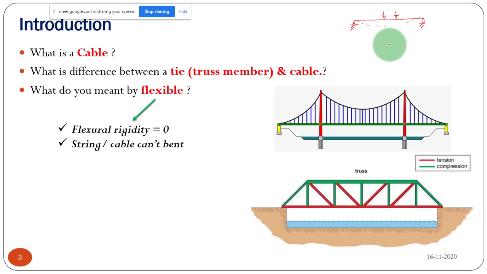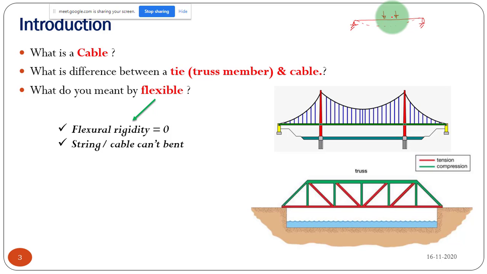That is why bending moment and shear force come into the picture when you are analyzing a beam. But the cable or string can't bend, because it has no flexural rigidity. If you keep a cable and apply some load, it will keep on deforming and changing its profile. That's why a string or cable can't bend.